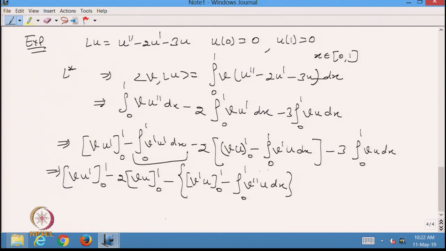Minus 2 times we have taken, so it becomes plus 2 times the integral from 0 to 1 of v dash u dx, minus 3 times the integral from 0 to 1 of v u dx.